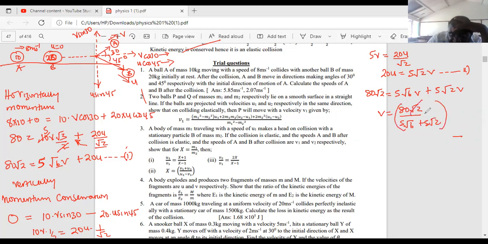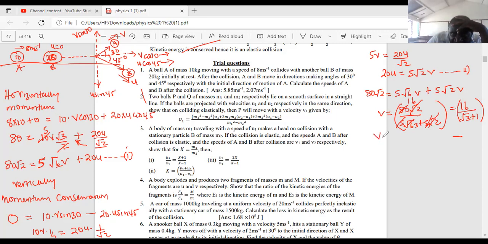When you divide everything by root 2, you remain with a root 3 inside. The 5 can also go, remain with a 16. This will give me 16 divided by root 3 plus 1. What do we get?